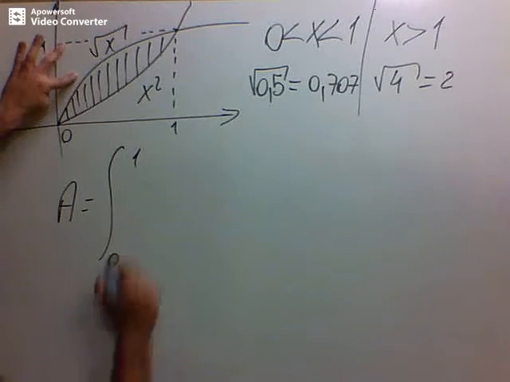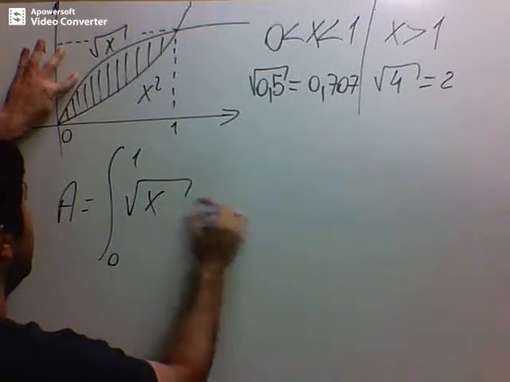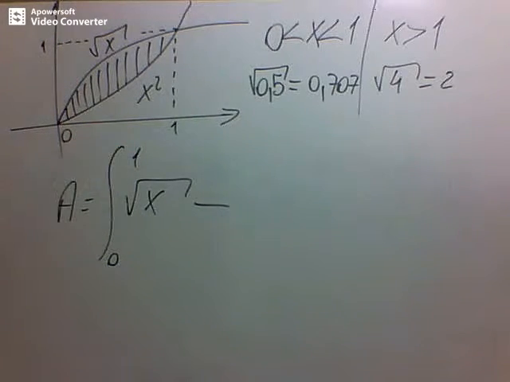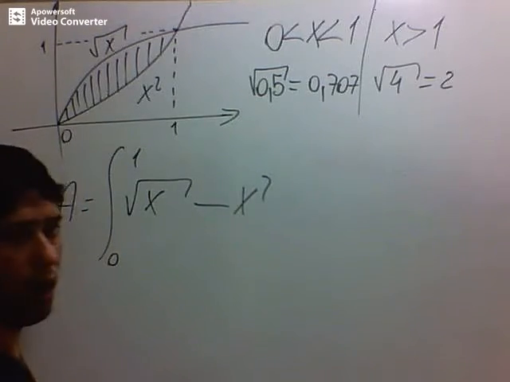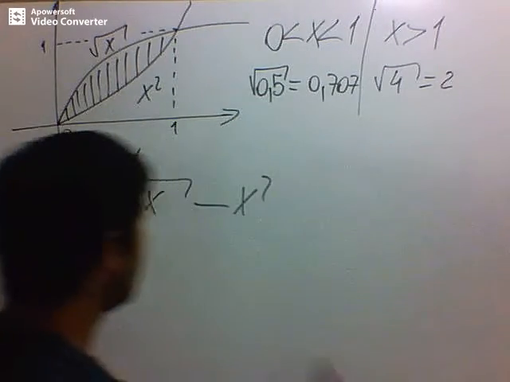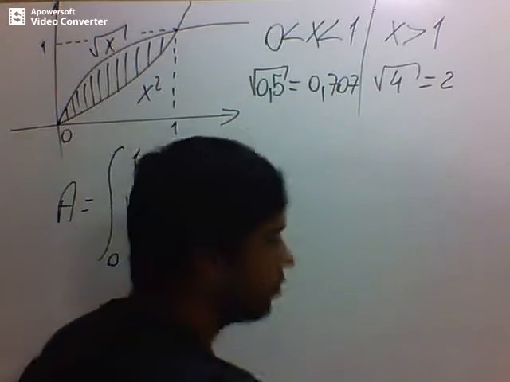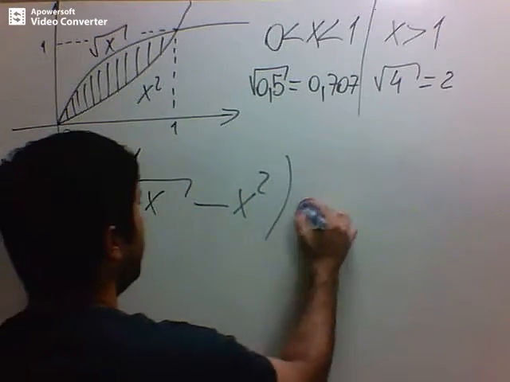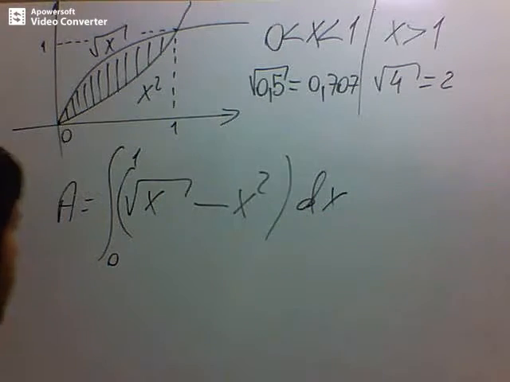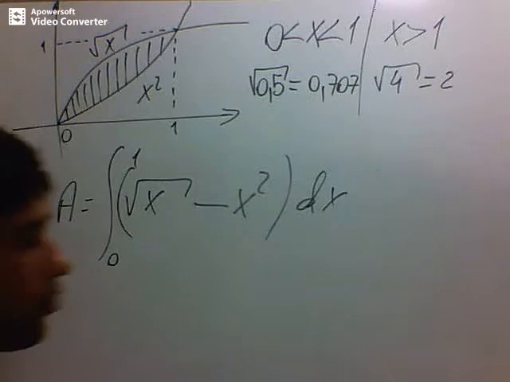So the greater number is going to be here, minus the lesser number, which is x squared. Then if we integrate this, we're going to arrive at the solution that we wish. Isn't that what we want to calculate? So this is what we're going to do.